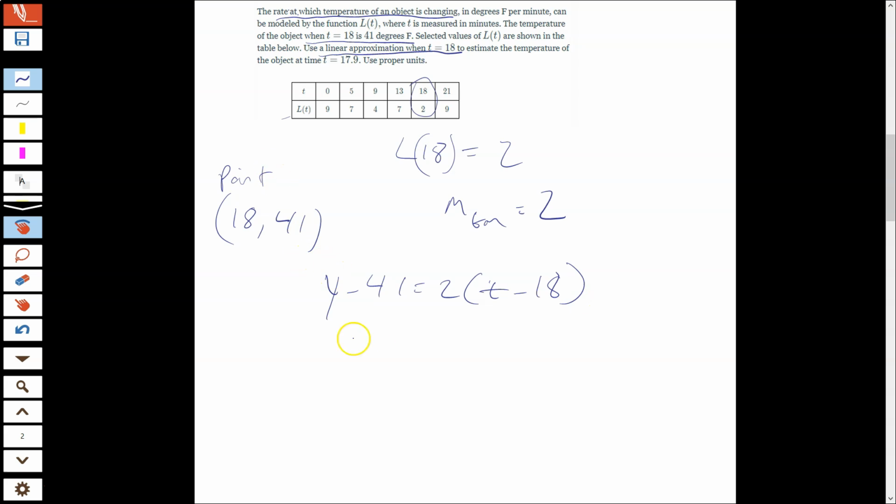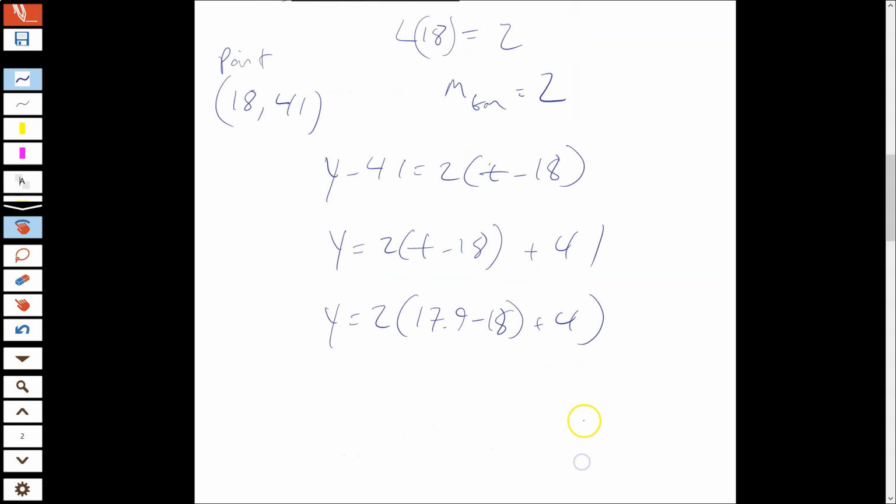I can isolate y. So we'll say 2 times t minus 18 plus 41. And then remember, I'm looking for the temperature at t equals 17.9. So I'll plug that in. And when you type this into your calculator, you get 40.8.